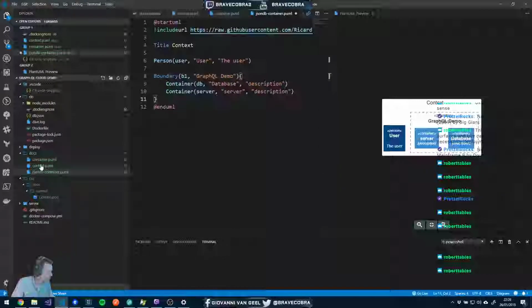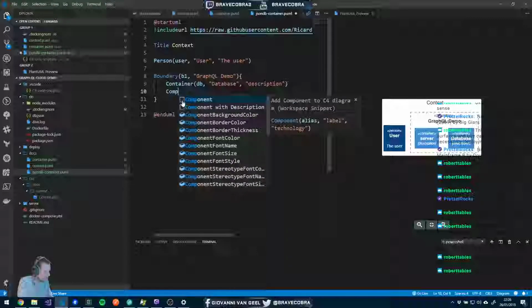So that should be the one for the second one. Let's think about this one. How are we going to describe this one? On one side we want to have the container there, and the service should be going, so there's going to be a component.